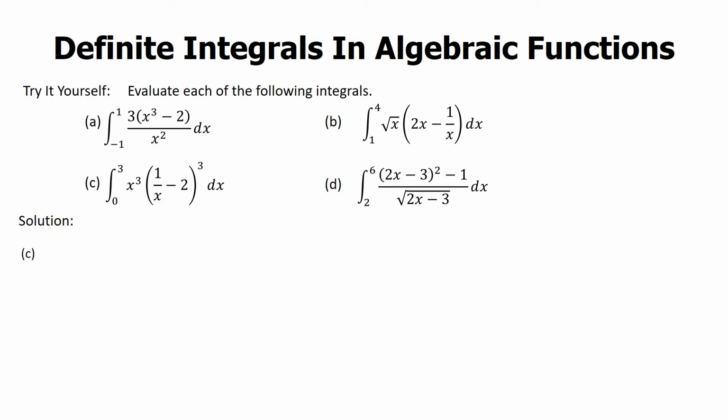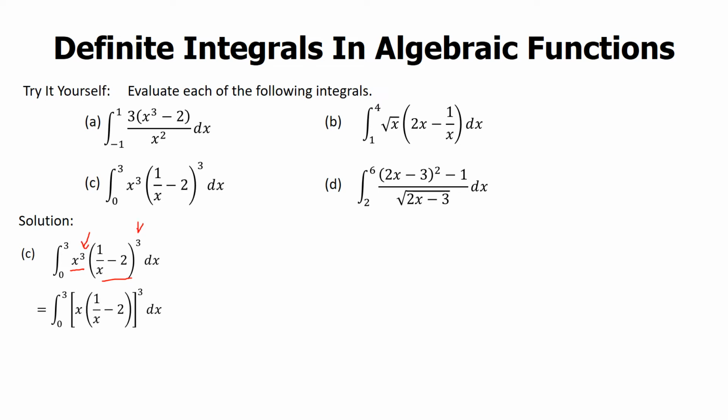Next, for C, integration from 0 to 3, x cubed times 1 over (x minus 2) cubed dx. Do you notice that these two functions have the same power, which is cubed?